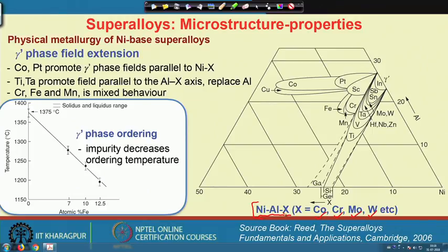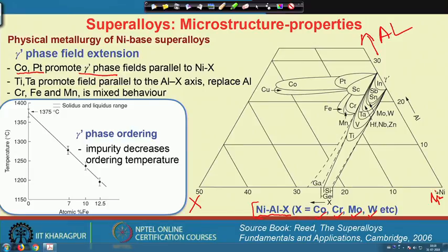Now, we can simply think about three cases. Let us say cobalt and platinum. If we consider these two elements, they basically expand the gamma prime phase field parallel to nickel X. What does it mean? Let us say here I have nickel on one side, and this is X, and on this side aluminum is going to increase. So, please try to read the ternary phase diagram.